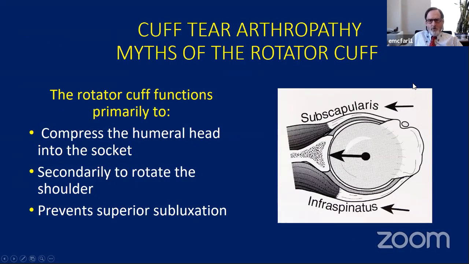So just a couple things about rotator cuffs that most people maybe don't know. The rotator cuff function actually is not so much to rotate the shoulder, but to compress the shoulder into the socket like this. If your subscapularis and your infraspinatus are intact, or at least your external rotators, you can oftentimes have enough compression that you can elevate your arm, and it prevents superior subluxation.